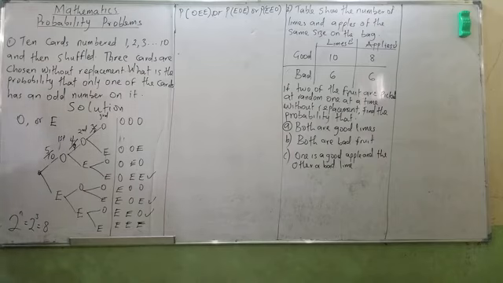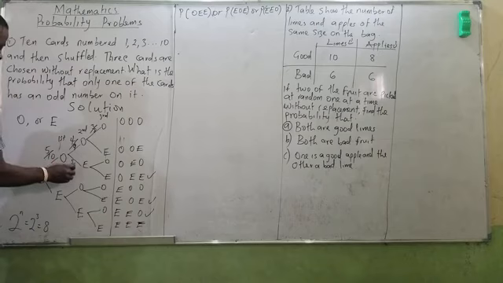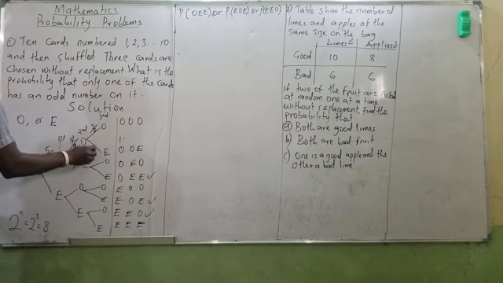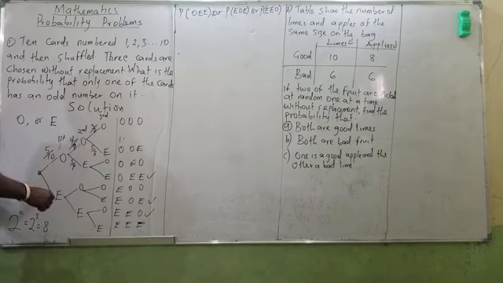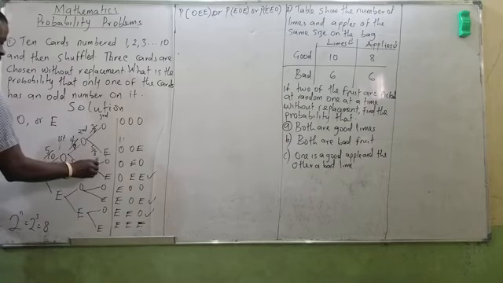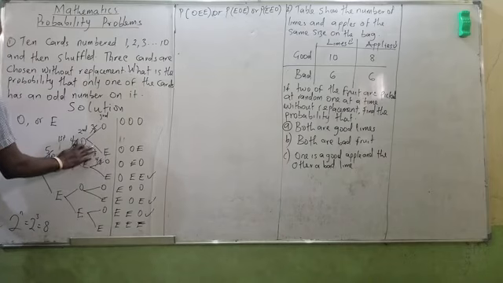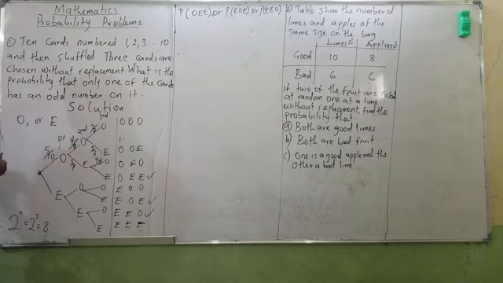Now, hope you know that this will remain the same: 5 all over 9. Here will also remain 5 all over 8. And here will remain 4 all over 8. Sorry, this is 5 rather. That is how it will be done.